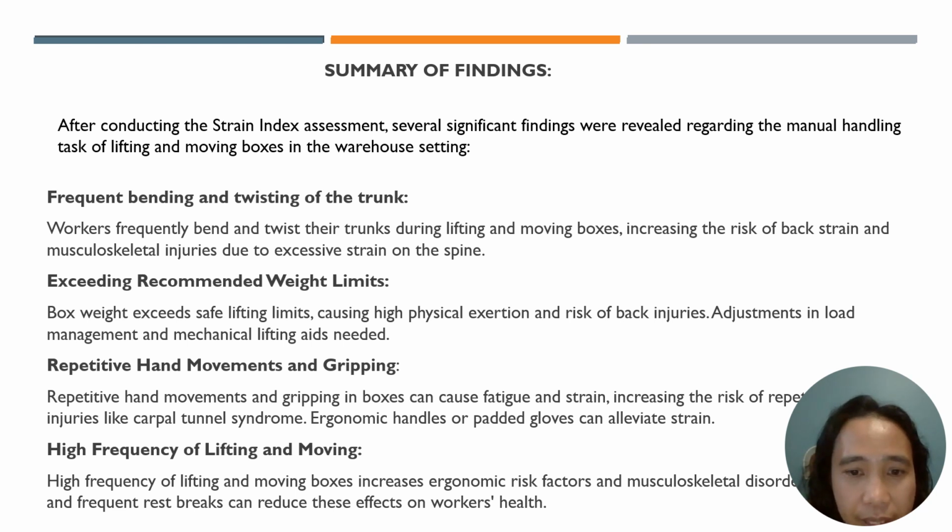Ergonomic handles or padded gloves can alleviate strain. High frequency of lifting and moving boxes increases ergonomic risk factors and muscular disorder. Job rotation and frequent rest breaks can reduce this effect on workers' health.